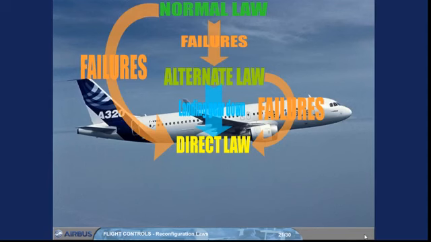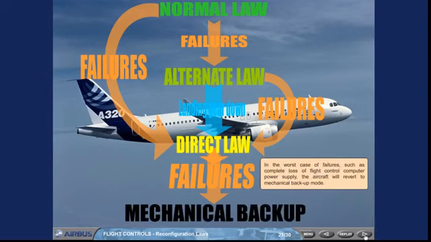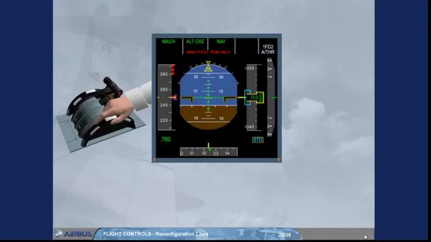In the worst case of failures, such as complete loss of flight control computer power supply, the aircraft will revert to mechanical backup mode. In this temporary mode, the only method for pitch control is manual adjustment of the THS using the pitch trim wheel.